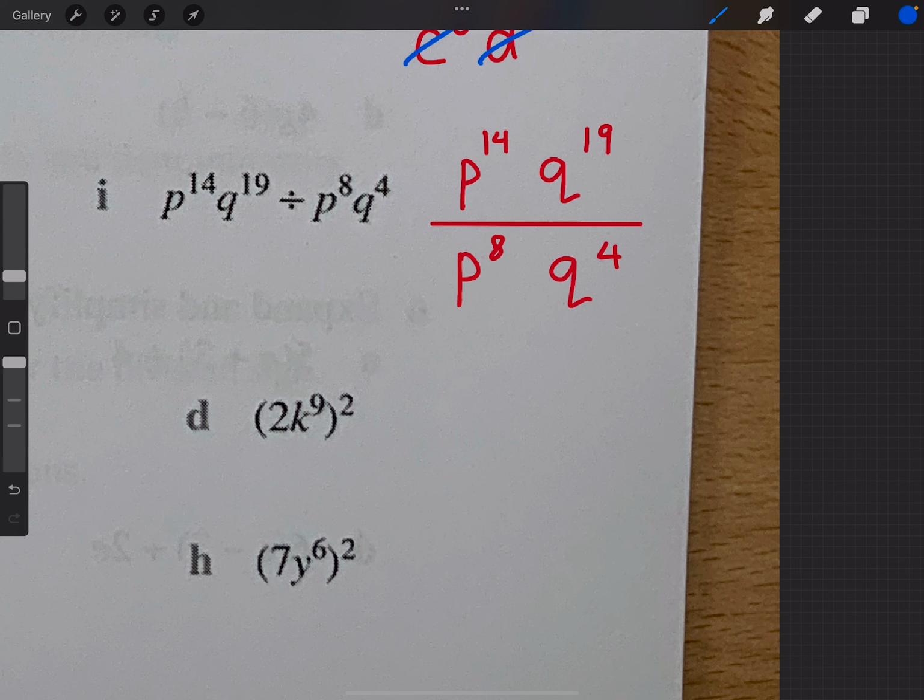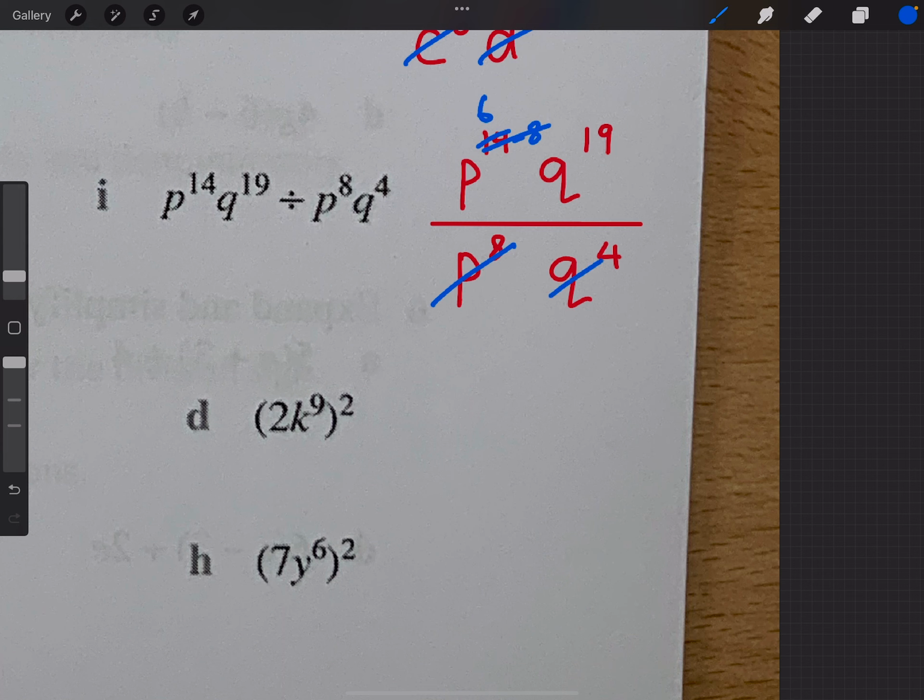Okay. Now if you take away 8 from this, take away 8 from here. The reason I take away 8 is because I'm dividing by p to the 8, and this will be p to the 0, which is 1, so it disappears. Or if that's confusing, we just simplify and cancel, and 14 take away 8 is 6, so that becomes p to the 6.